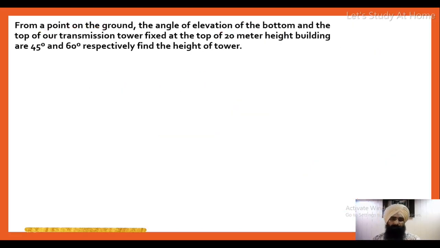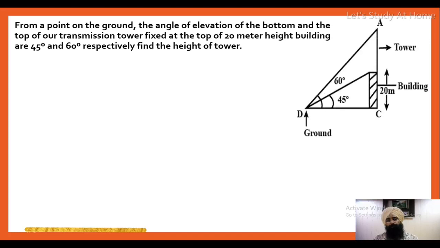Next: from a point on the ground, the angles of elevation of the bottom and the top of a transmission tower fixed at the top of a 20 meter height building are 45 and 60 degrees. Find the height of the tower. This is the diagram. We have been given a 20 meter height building, and in the last question we had a statue, now we have a tower.